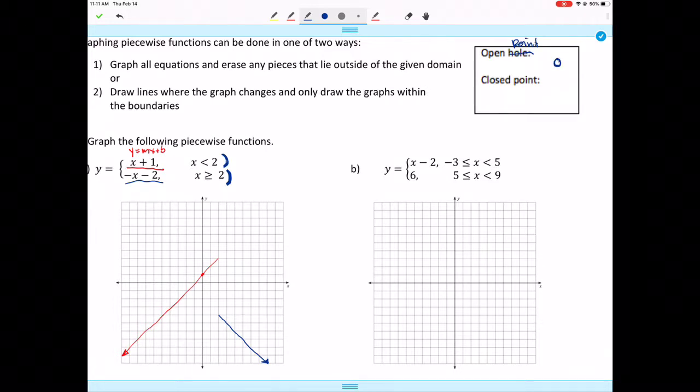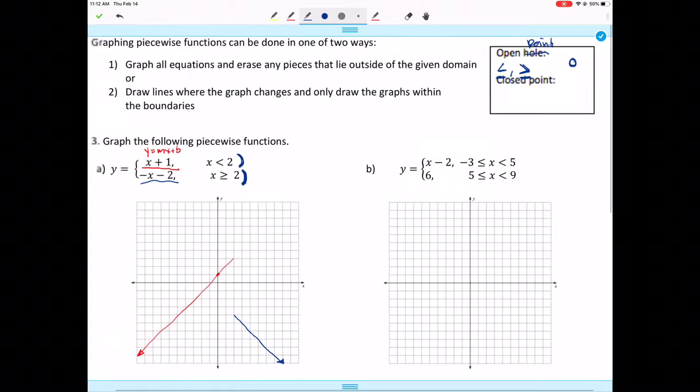When you're using inequalities like less than or greater than, you would use an open point. So for example, our red equation, x plus 1, is when x is less than 2. It doesn't include 2, so we'd leave an open spot at that point.